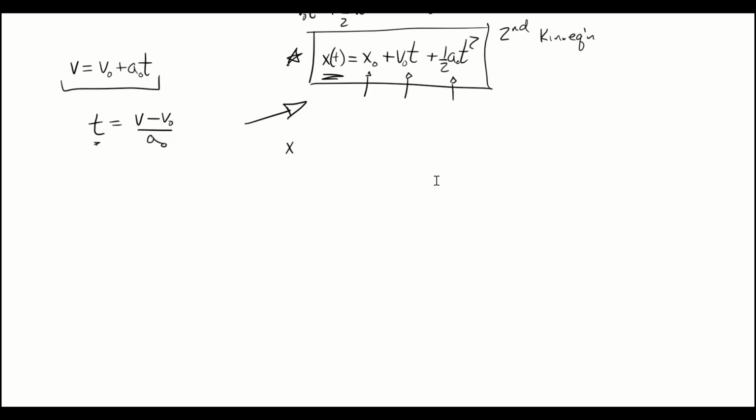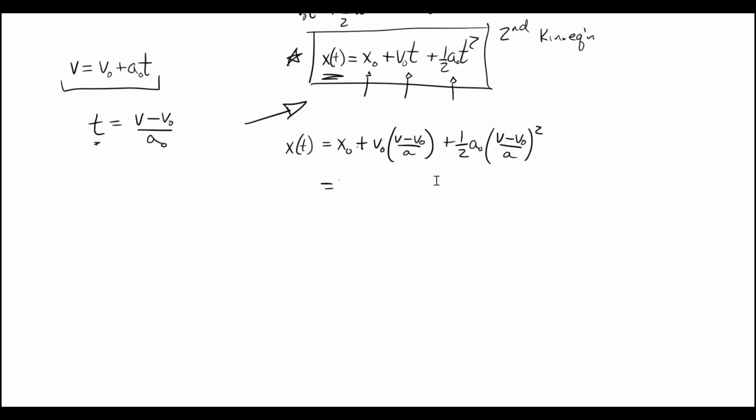And what happens when we do that is this: position at some later time t is x naught plus v naught times, instead of t, we make that substitution, v minus v naught over acceleration, plus 1/2 a naught times v minus v naught over a, squared.